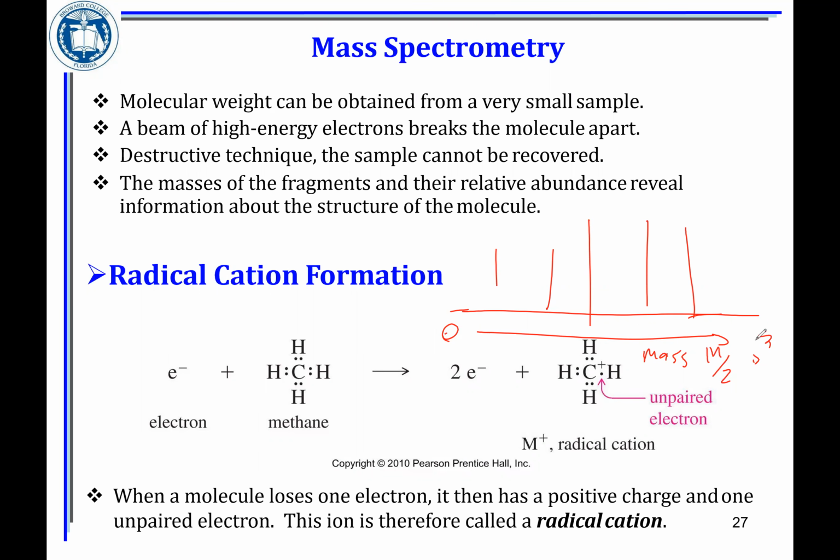If you see a fragment at 15, that is CH3+, a methyl carbocation. A peak at 29 would be CH3CH2+, an ethyl carbocation. Then you could have 43, a propyl carbocation, and 57 for a butyl carbocation, and any combination.